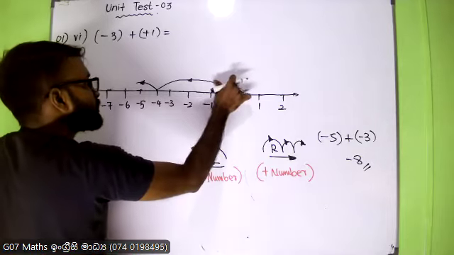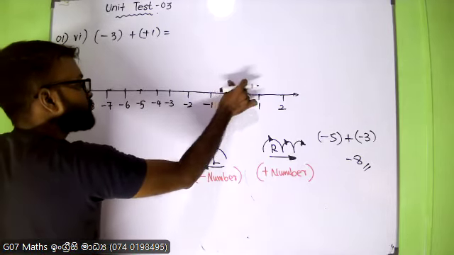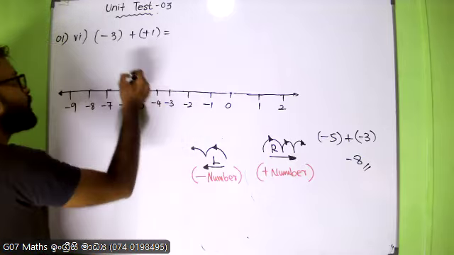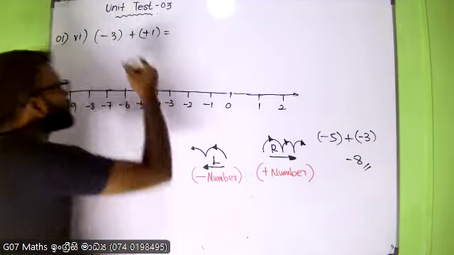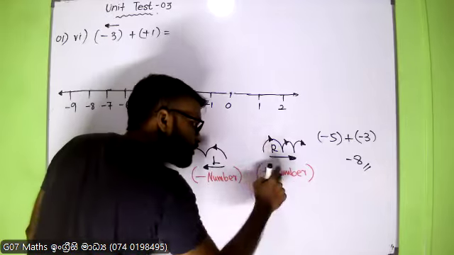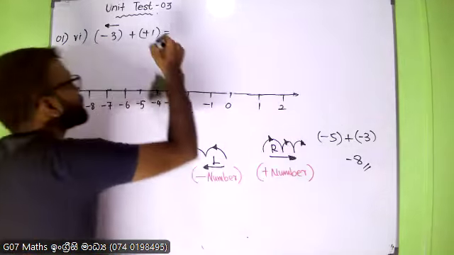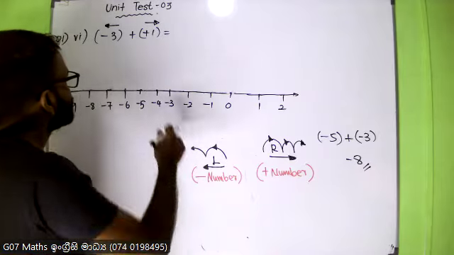There is a difference here. You have a positive number as well. So how do we do this? When you have a negative number, you have to jump to your left, this side. When you have positive numbers, you have to jump to your right-hand side. Let's see.